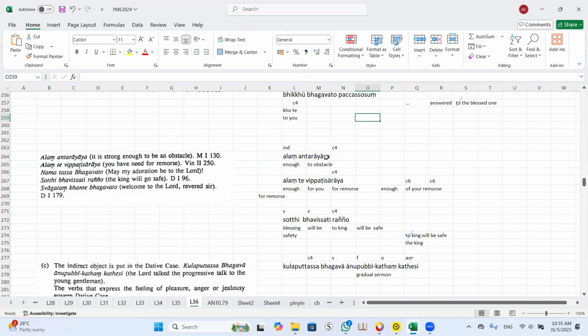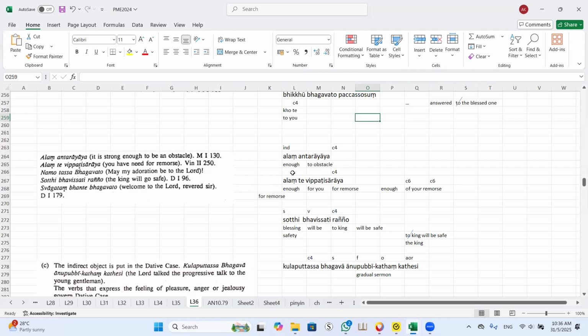You see the word ya there. Technically this is a masculine noun, and then there is ayah, that means it's an indirect object. So the subject is not mentioned. It's enough to obstacle. So I think it should be "it's enough to be an obstacle."